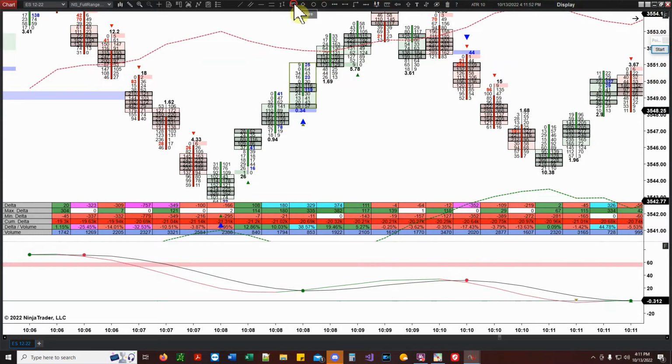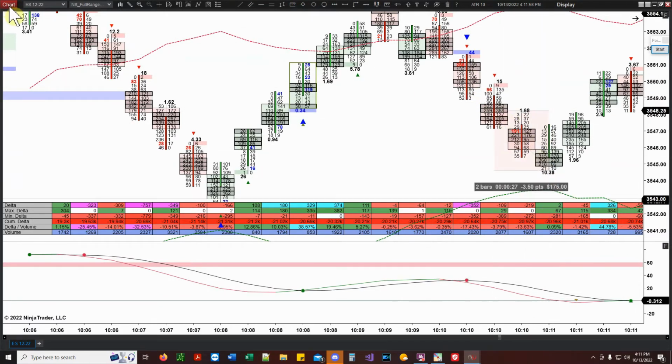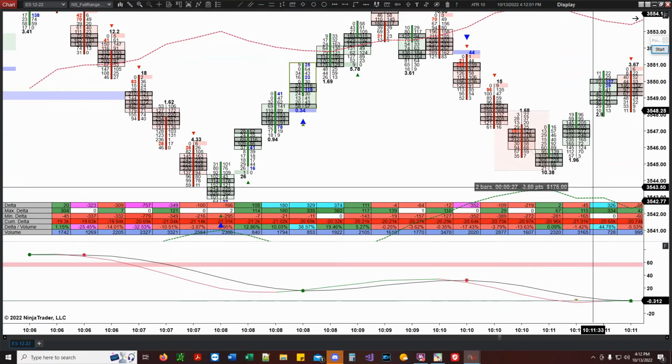How many ticks is that? Let's look at that. Worst case scenario here, down to here, the low. That's 3.5 points. That's 14 ticks, 2 bars. Even in my ATM strategy, once I get 8 to 10 ticks in the money, I immediately go to break even, because another bus will come along.